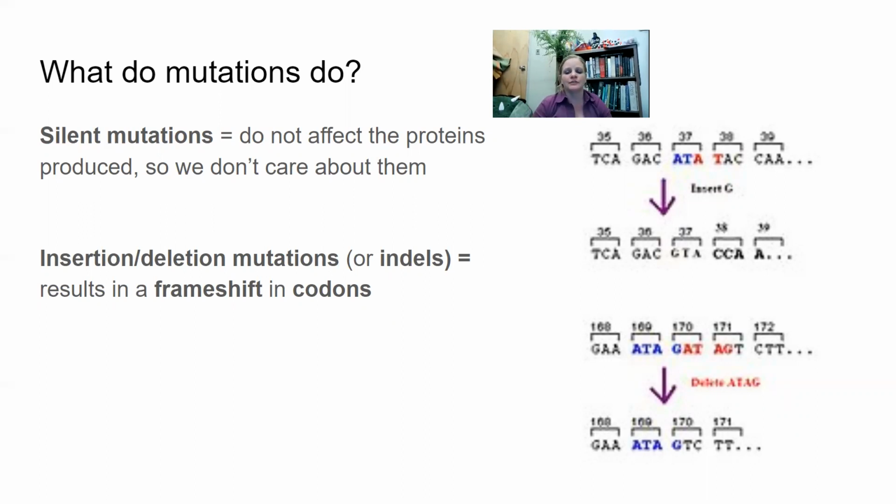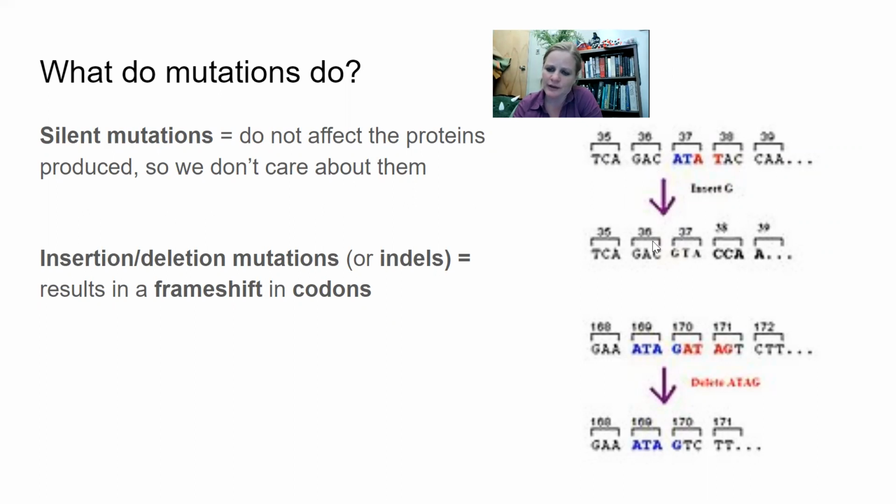Insertion deletion mutations, or indels for short, are the ones that can be particularly problematic. This is where we see a whole frame shift in the codons. So here in this example, we have an insertion deletion on top. This is our original sequence.